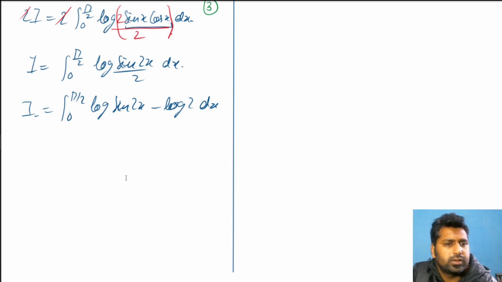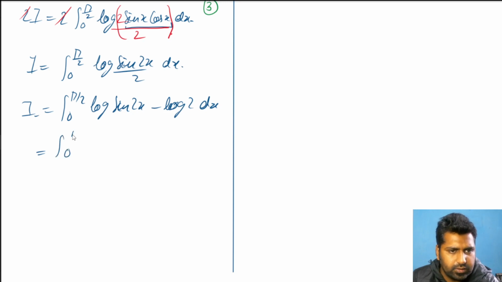So far we don't have any problem. Now split this integration in two parts because log 2 can be integrated directly.